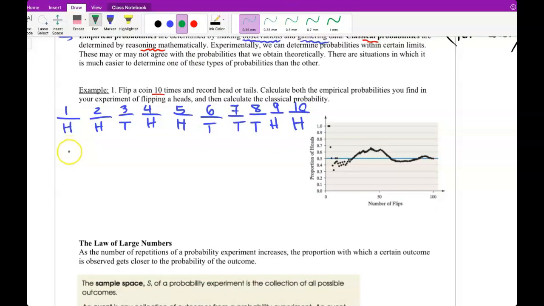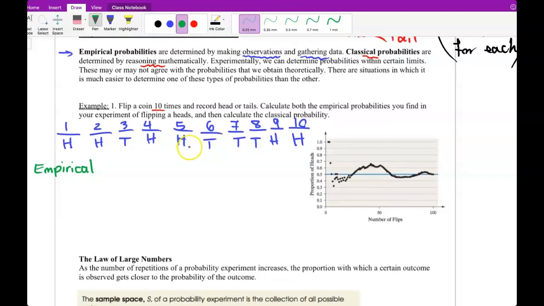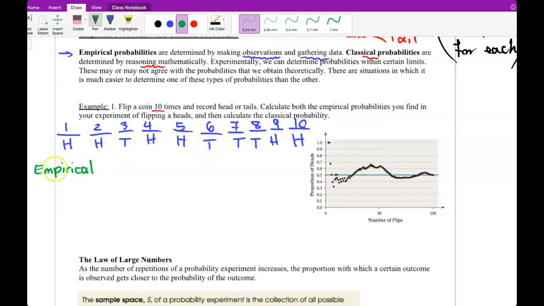Okay, so first I want to find what the empirical probability is. Based on that, we need to find the probability you find in your experiment of flipping heads.